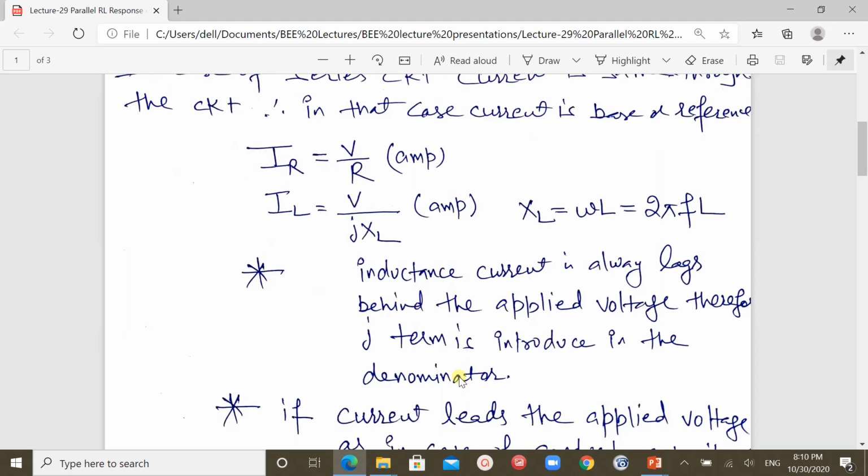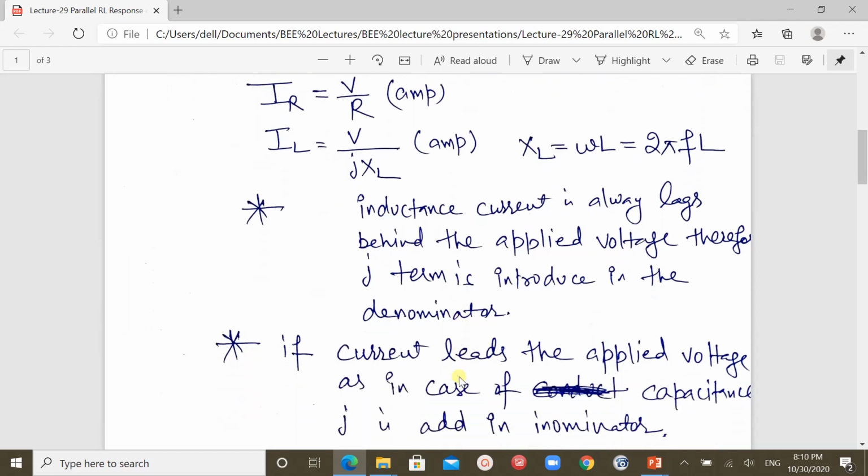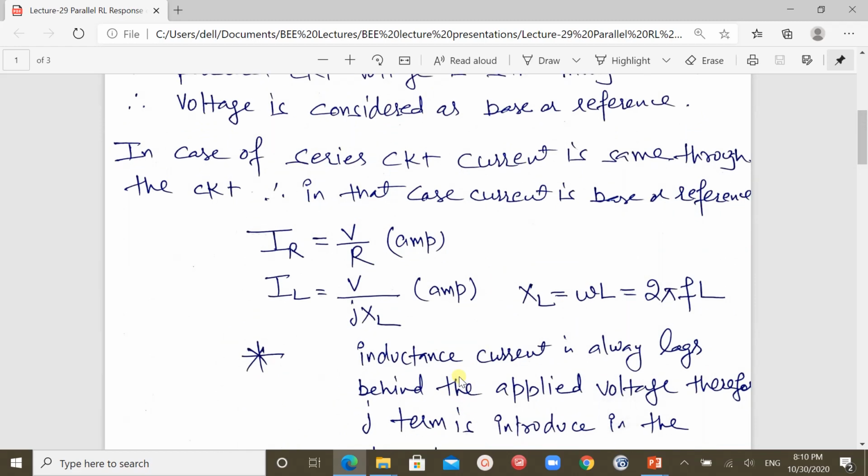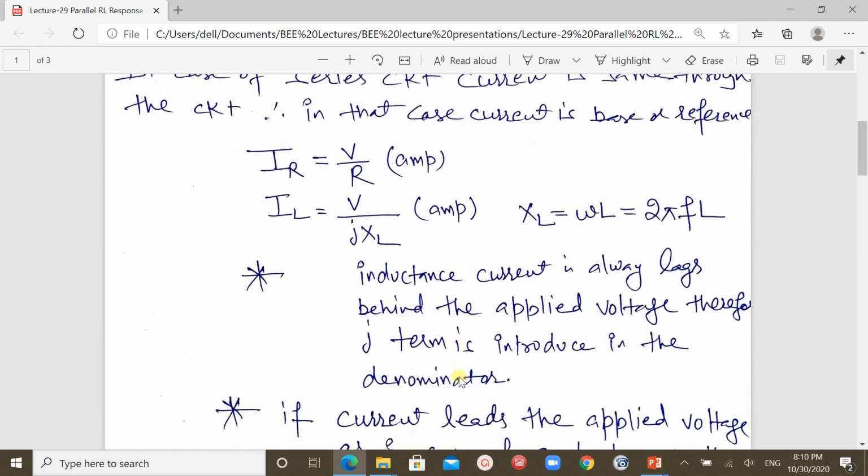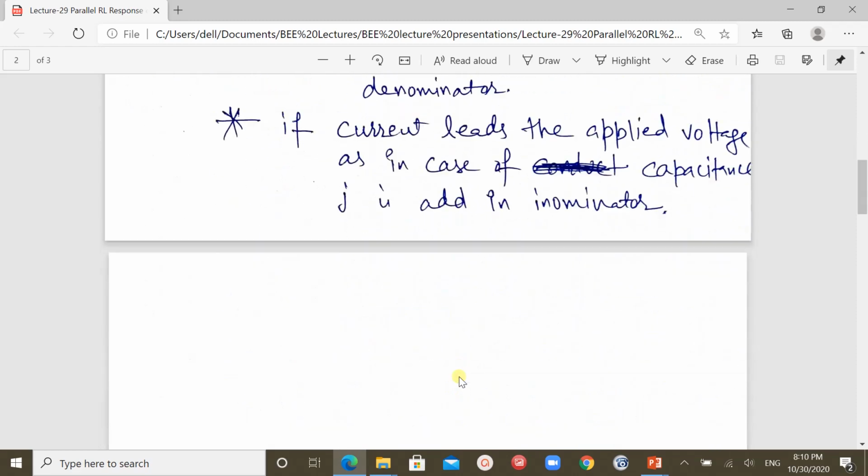Therefore, the j term is introduced in the denominator. As in the case of capacitance, the current is leading the applied voltage, and in that case the j is added to the numerator. So this is the important point which I have discussed here, and we know that XL is equal to omega L, and it can be written as 2 pi fL.